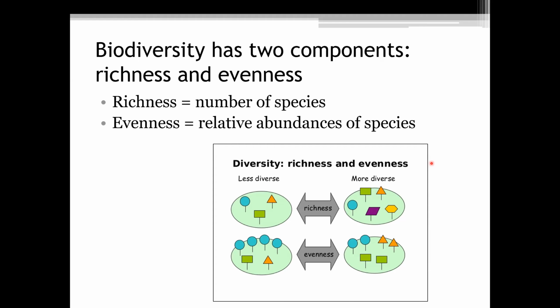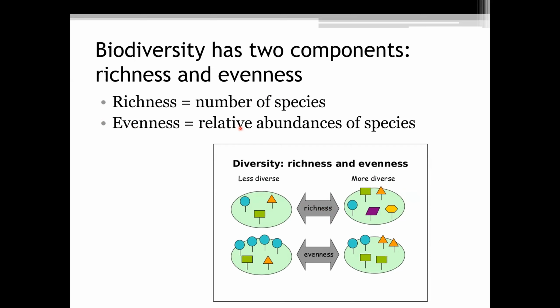So biodiversity has two components. You have richness and evenness. Richness refers to the number of species and is found here at the top. So if you have three species, this is less diverse than if you have five species. This is more diverse. So having more species adds to the richness and the diversity.